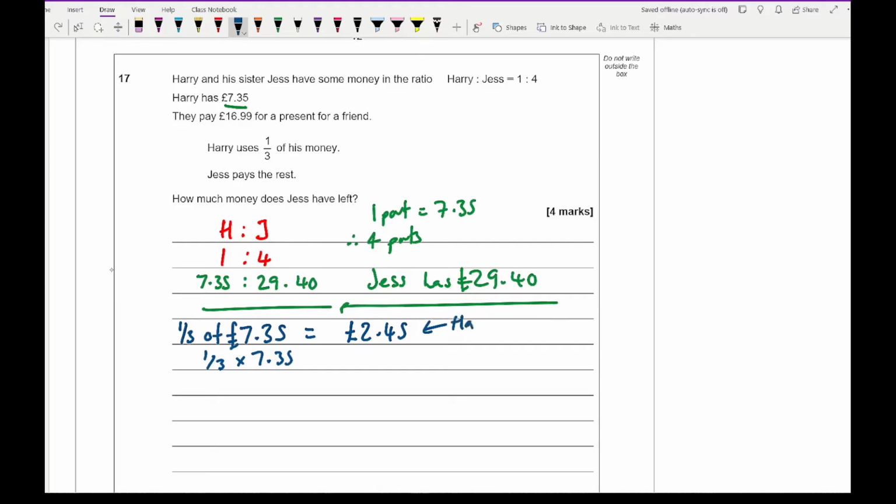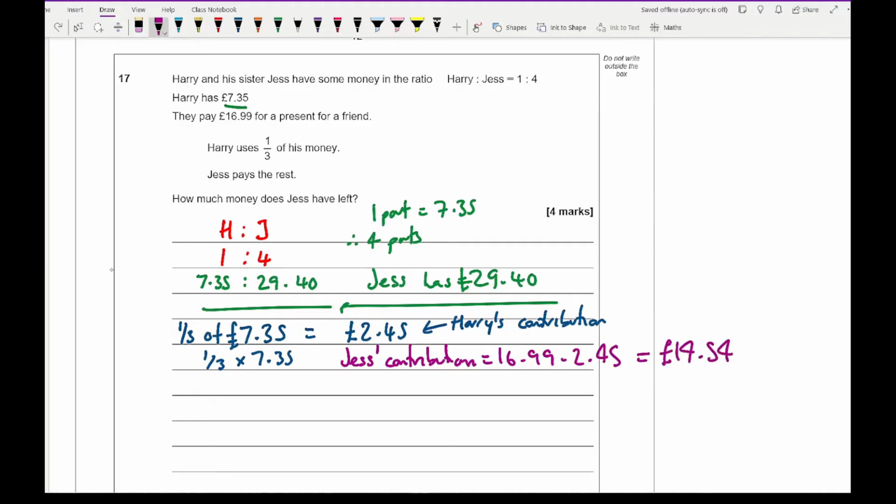So that's Harry's contribution. So then Jess's contribution is going to be £16.99 minus £2.45, which is £14.54.